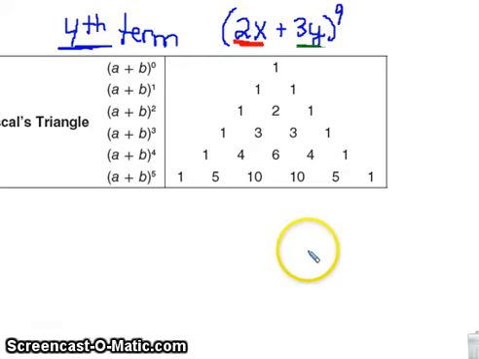If you have 2x plus 3y to the 9th, and I only want the fourth term, I'm going to cheat and start with my Pascal's triangle.